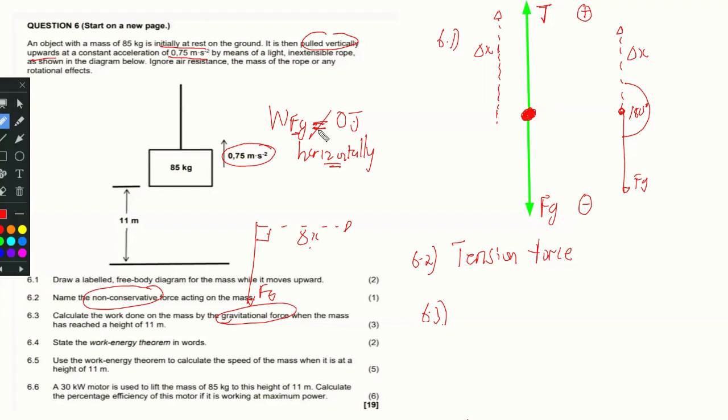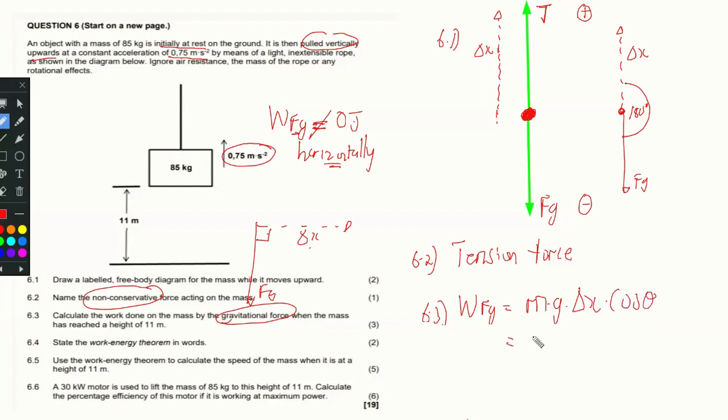So do not memorize that it's always 0 joules. In this case, this is a different case because Fg is moving vertically and your object happens to be moving vertically as well. So this would be work done by Fg is equal to mg, because Fg breaks down to that, and then delta x cos theta.